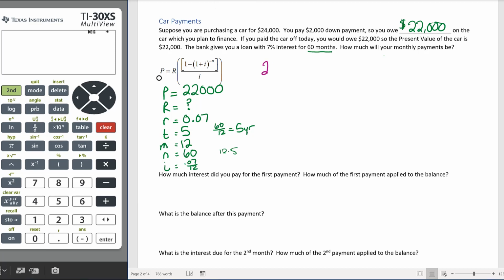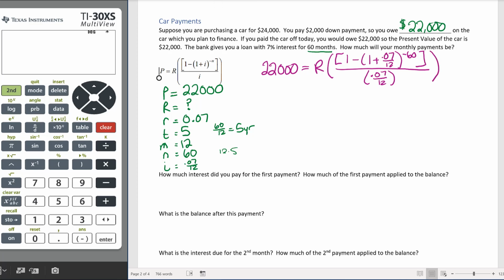We have P, which is $22,000, equals R, my recurring payments, times that large parentheses, then I have a bracket, 1 minus 1 plus I. The I was 0.07 over 12, raised to the negative n, which was negative 60, then it closes that bracket, divided by I, which is the 0.07 divided by 12. Make sure you keep parentheses around that denominator because you want to make sure that that stays together until you get that last parentheses in.